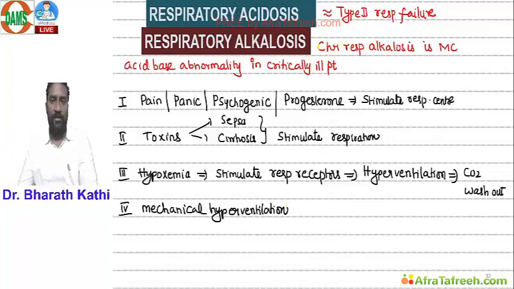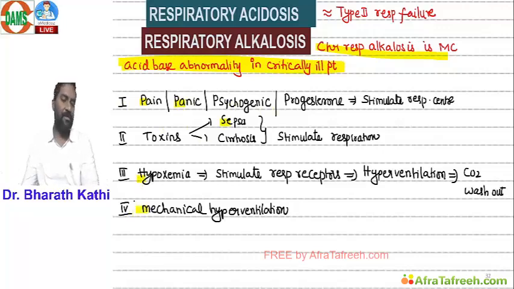Now why is chronic respiratory alkalosis the most common acid-base abnormality in critically ill patients? A critically ill patient might be in pain, might be in panic, might be in sepsis, might have hypoxemia, might be connected to a mechanical ventilator.